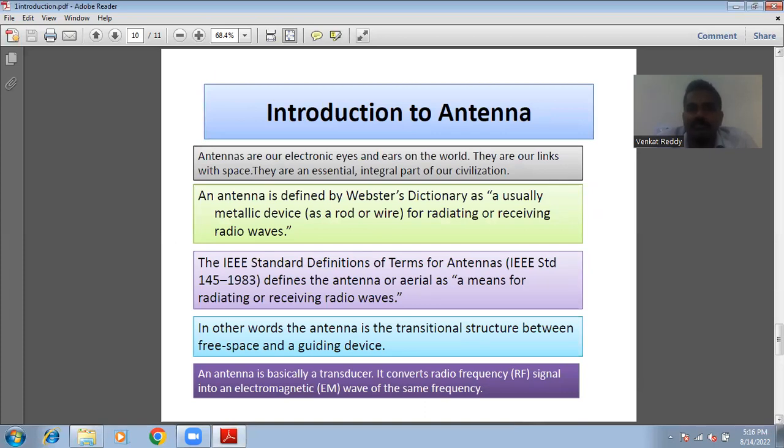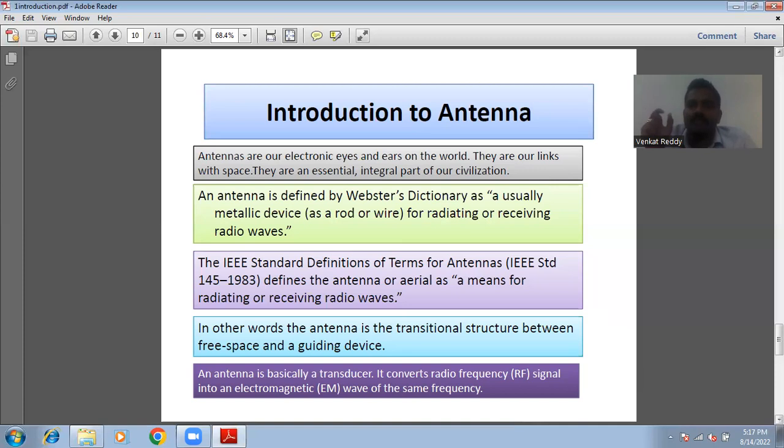What is the definition of antenna? What do you mean by antenna? An antenna is basically a metallic device which is used for radiating and receiving electromagnetic signals. Once you want to transmit an electromagnetic signal, you take the help of antennas. Antennas are basically our links with the space, our links with the external world. Antennas are our electronic eyes and ears on the world.